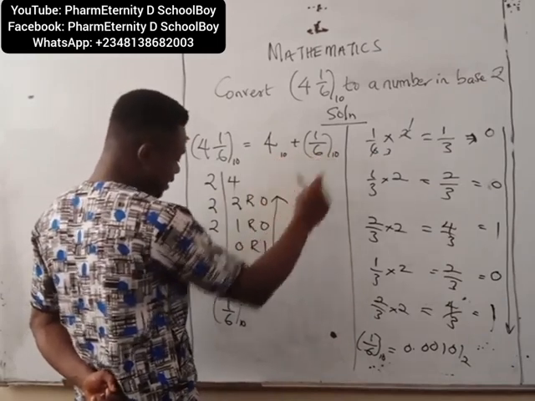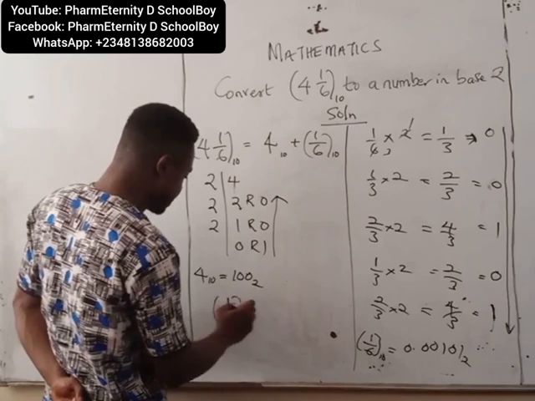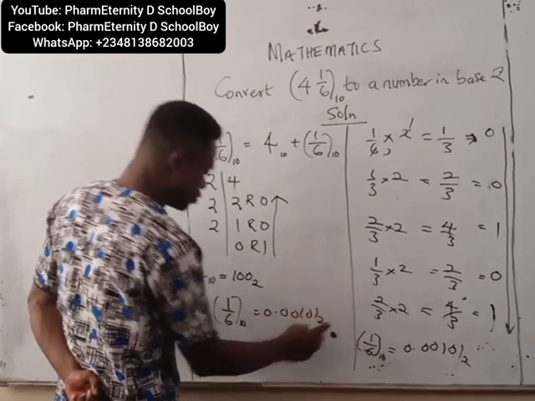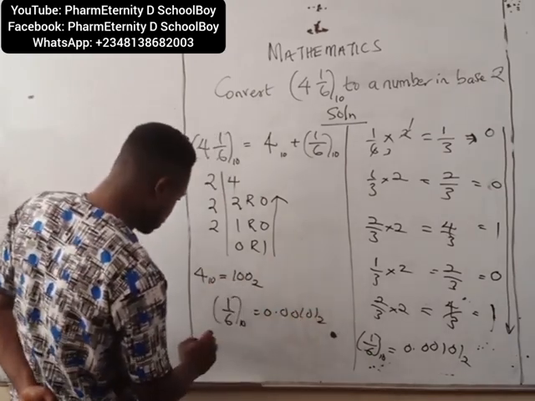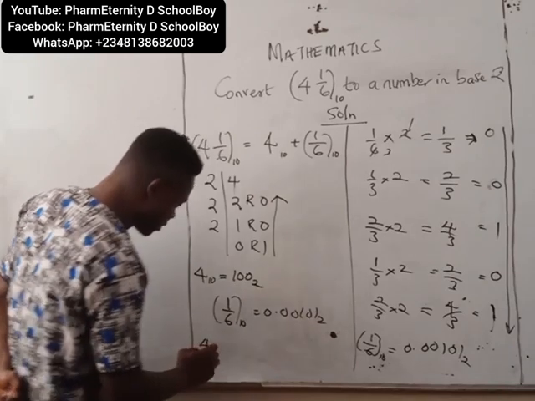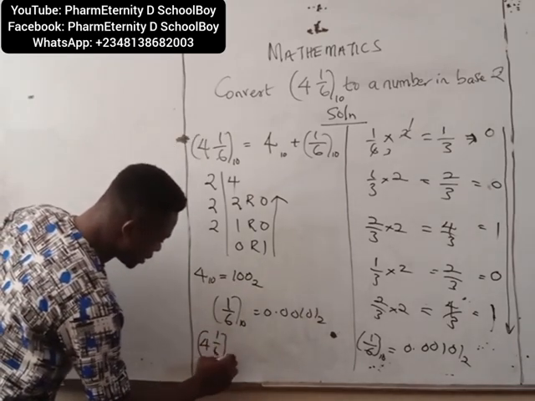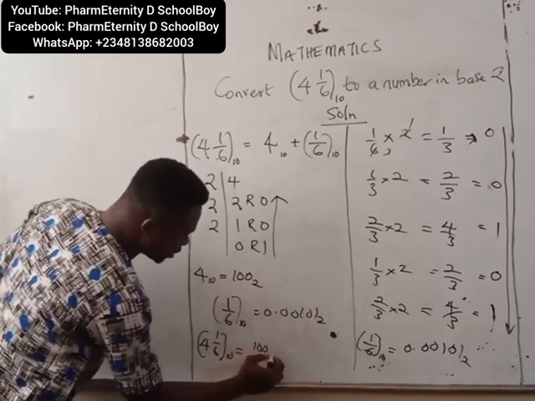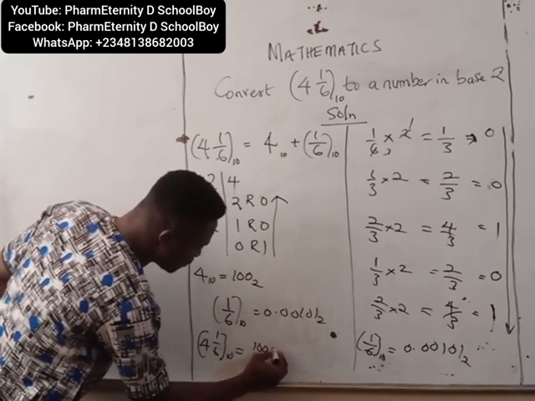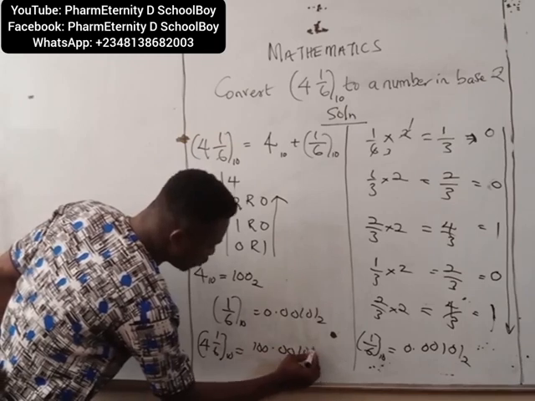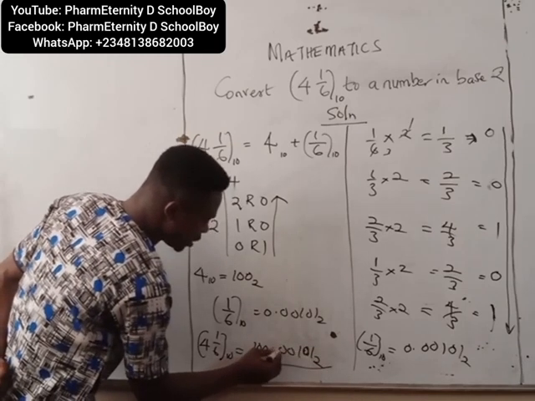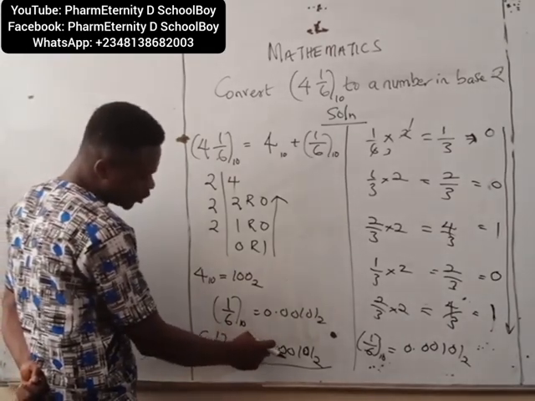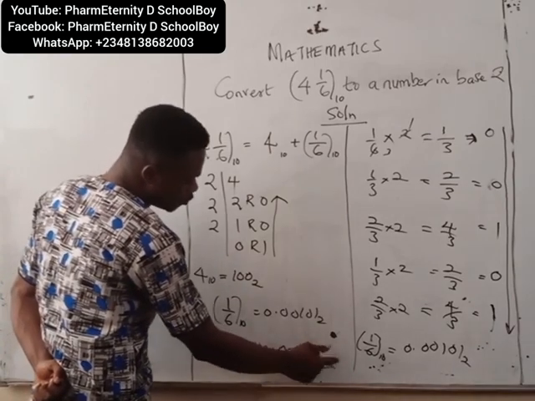If you combine the whole number part 100 and the fractional part 0.00101 in base 2, that is 4 whole number 1 over 6 in base 10, it gives us 100.00101 in base 2. This is the answer to this question.